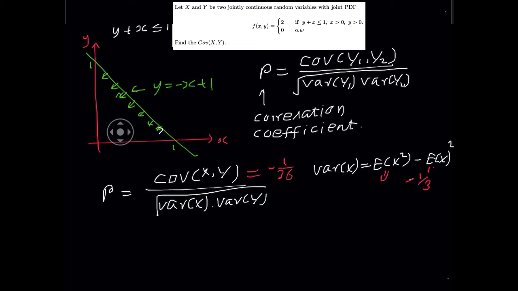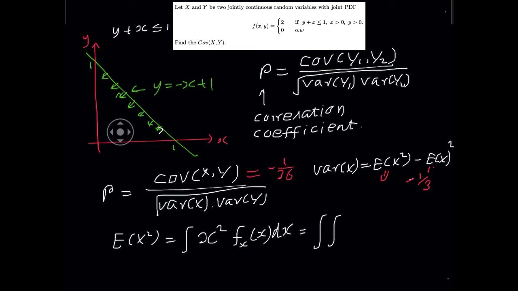How do we find it? Expected value of x to power 2 equals the integral of x to power 2 times fx(x) dx. Again, we have a marginal density function, so we need to use the joint PDF to find fx(x).